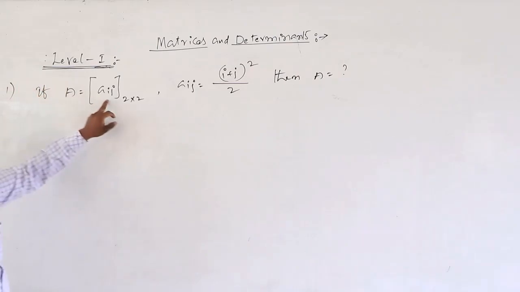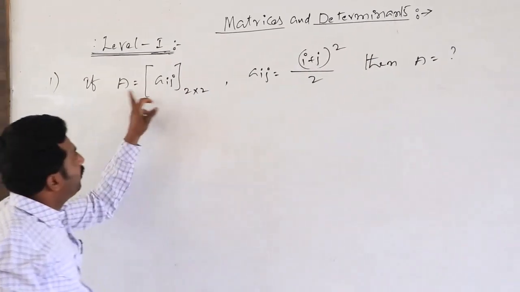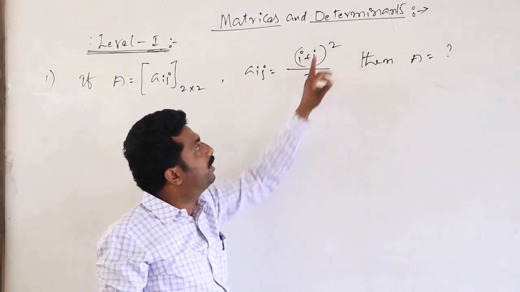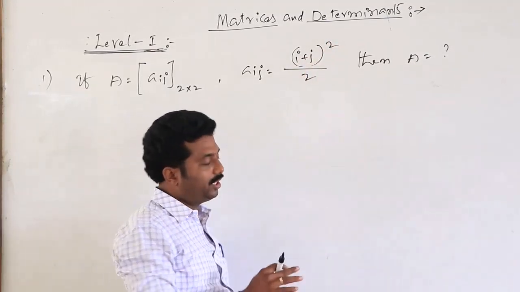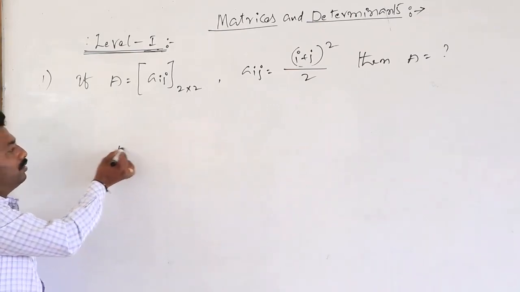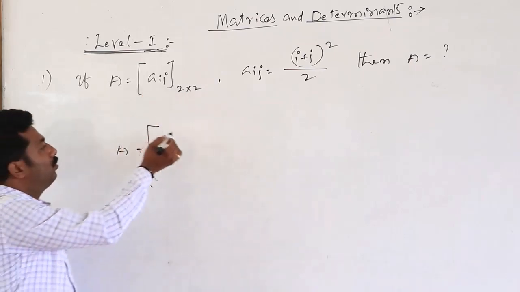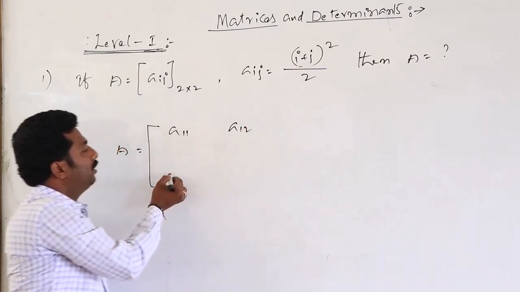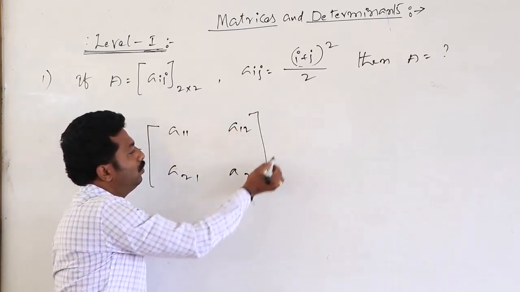If A is a square matrix of order 2 by 2, in this matrix the elements a_ij are of the form (i + j) whole square divided by 2. Then they are asking what is the A matrix. See, A matrix is a 2 by 2 matrix, so we can write a11, a12, a21, a22.